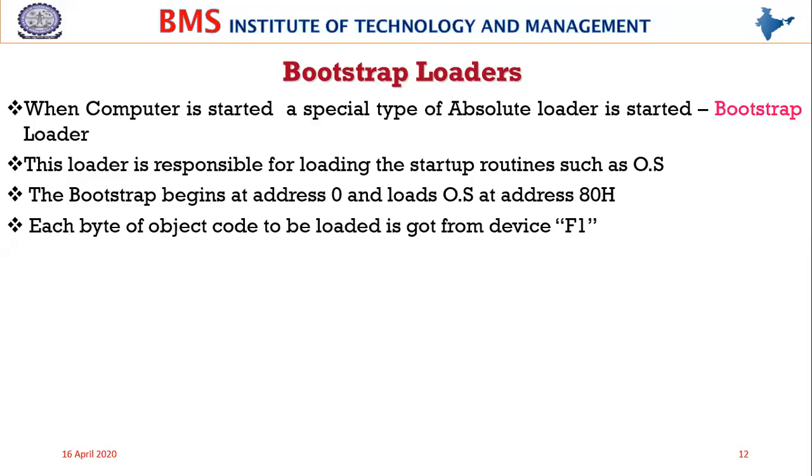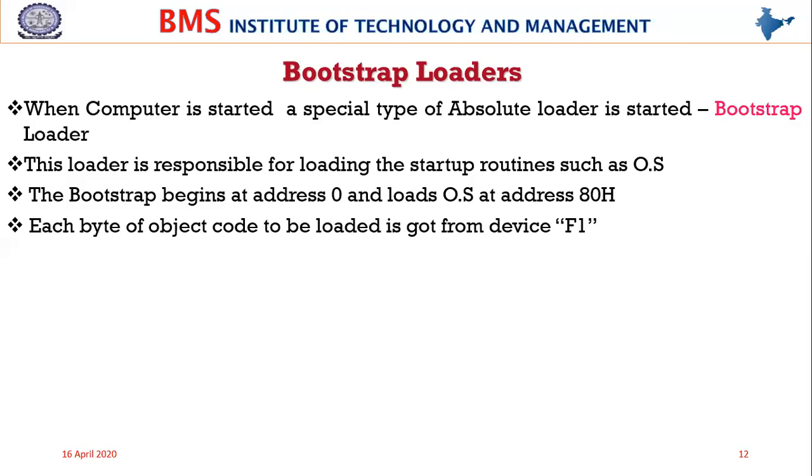Each byte of the object code is loaded from the device F1. Here F1 is an input device that's not required to be a keyboard or a mouse. It can be your secondary storage device, hard disk or whatever it may be. The hexadecimal unique code for your device is F1.